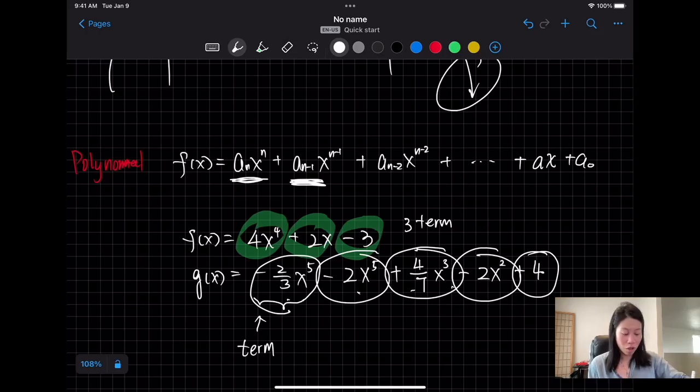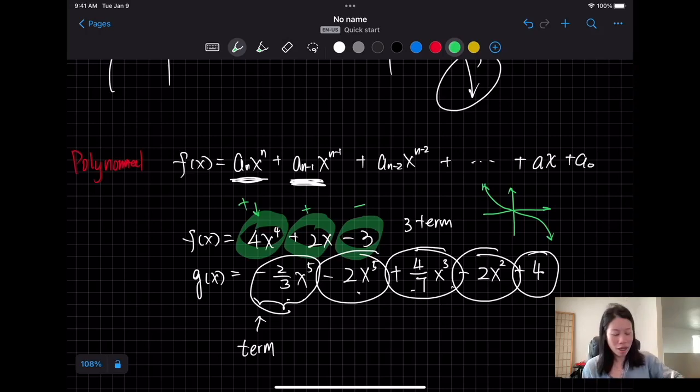For example, for the f(x) function, the first term is positive, the second term is positive, the third term is negative. Why is this important? Because if you remember the power function example that we talked about, if you have a negative term, your function is going to turn upside down. It will have a vertical reflection because of the term.